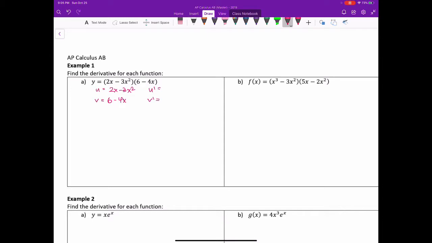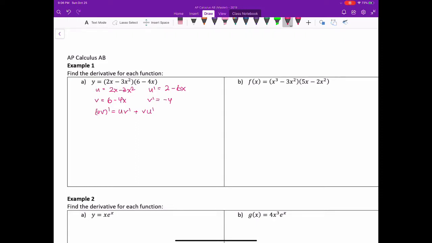And then you do the derivative of U over here is 2 minus 6x, and the derivative of V is negative 4. So I know the formula was UV prime plus VU prime.